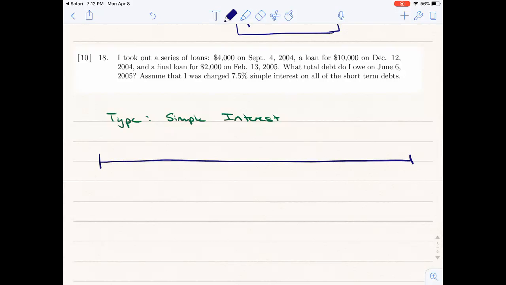We said, okay, we'll start by just figuring out how many ticks do I have for these dates, right? So we've got a September 4th, a December 12th, a February 13th, and then I want to know the total on June 6th. So I've got 4 ticks. I've got the 2 endpoints and then 2 in the middle.